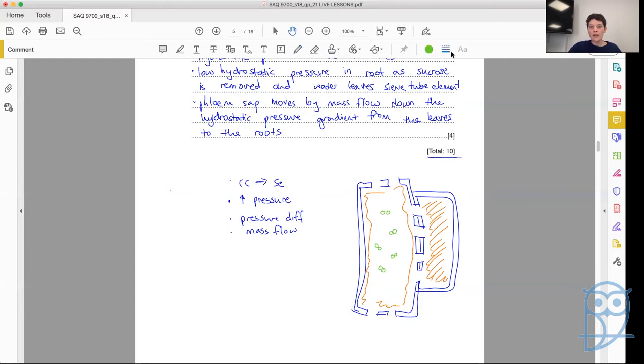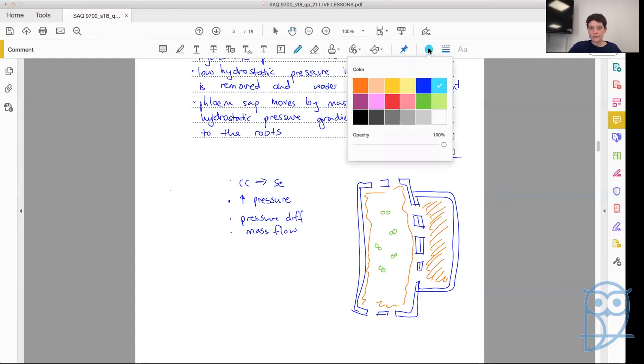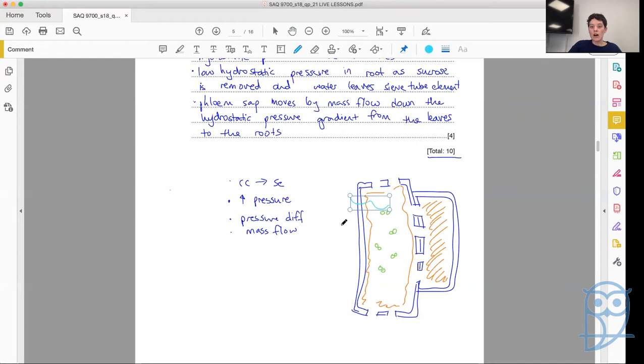Then we're adding water. But we're adding a whole lot of water. So we're effectively making syrup. Okay, but now with a different viscosity to that of the cytoplasm. And this combination of sucrose plus water plus other things that happen in there is your phloem sap.